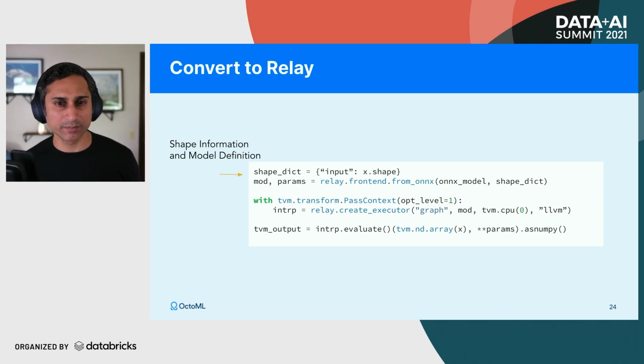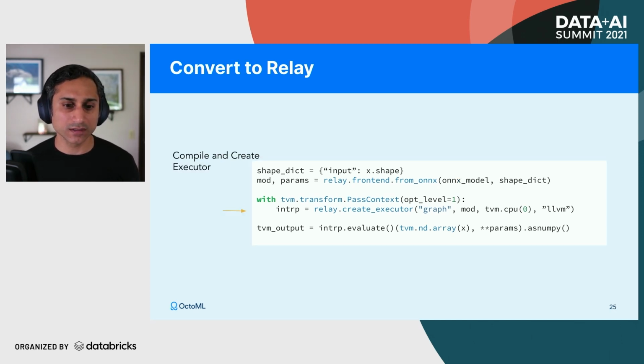Here we create a pass context, set optimization level to 1, create an executor using the default graph executor, the model containing all the source code derived from the model, then the CPU and LLVM as target. This will compile code for your CPU and execute it on one CPU.